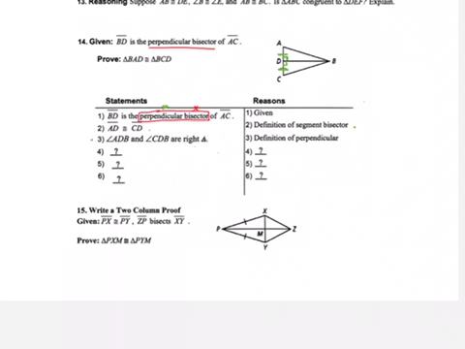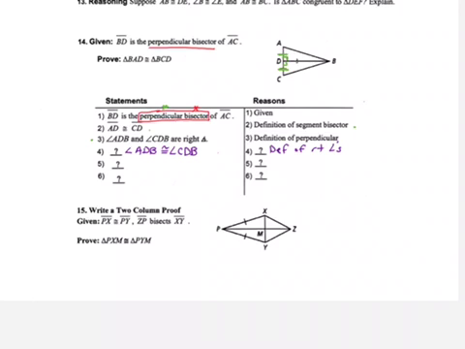If those two angles are both 90 degrees, that means they're equal. So our fourth step can be to say that angle ADB is congruent to angle CDB by definition of right angles. From there, we still need another piece of information, so we go back to our diagram.